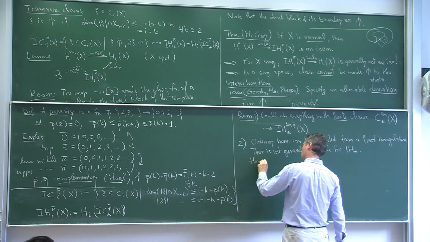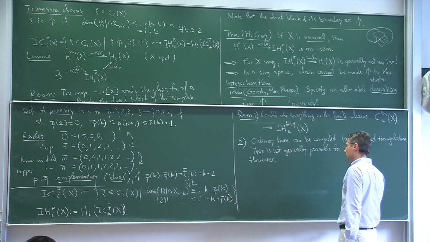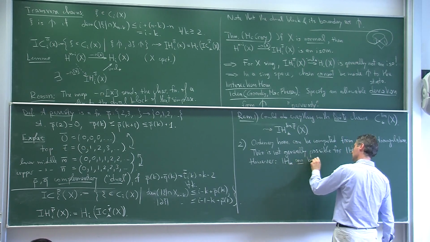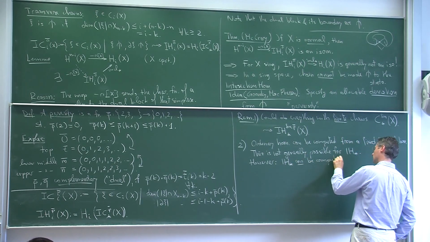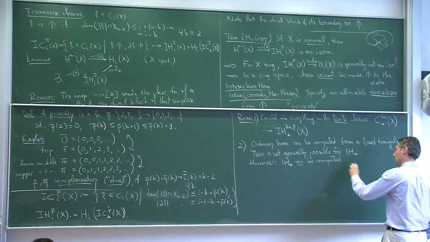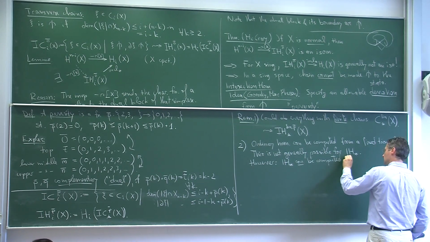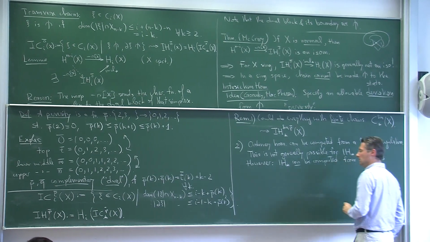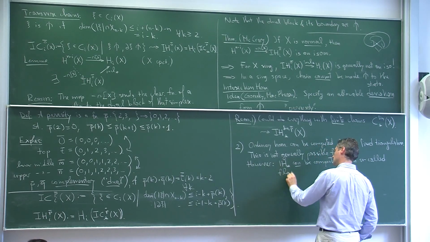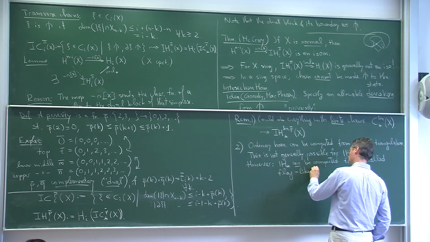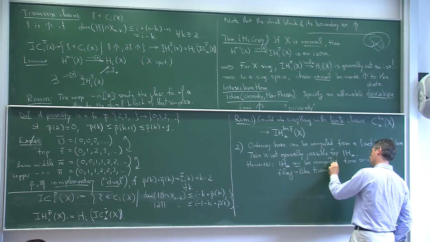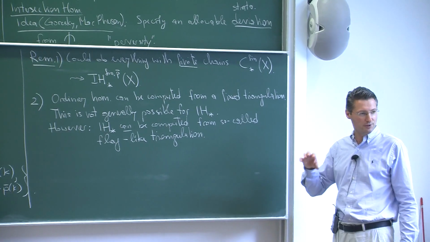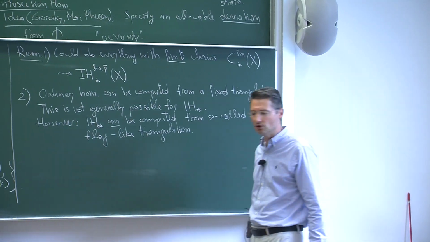However, that being said, the following is true. It can be computed from so-called flag-like triangulations. So if your triangulation satisfies a specific condition, then you can use a fixed triangulation to compute intersection homology.